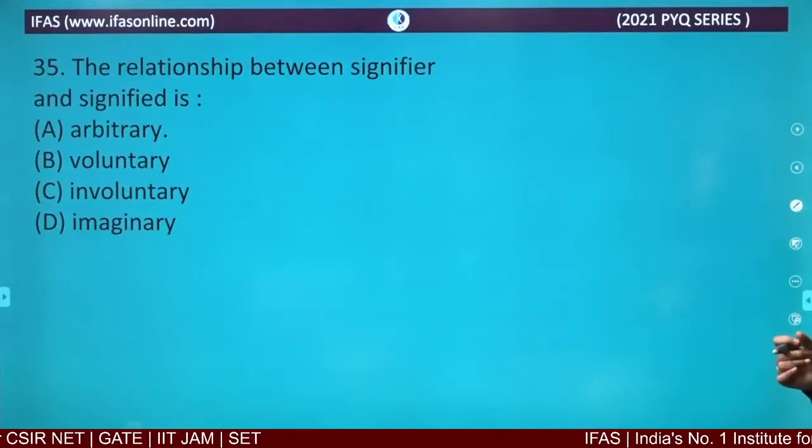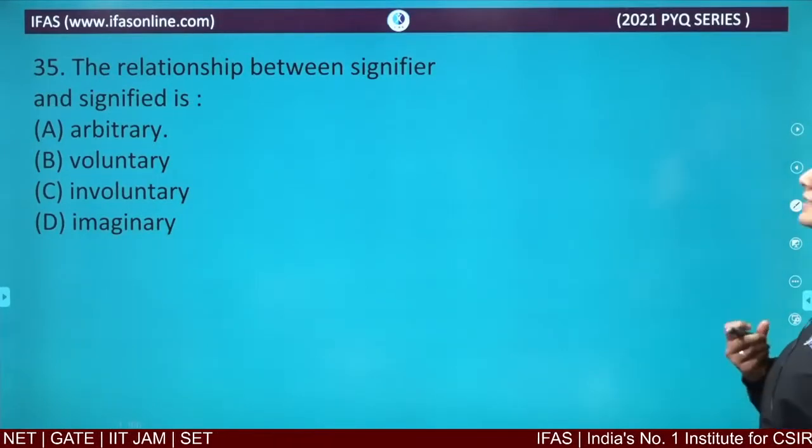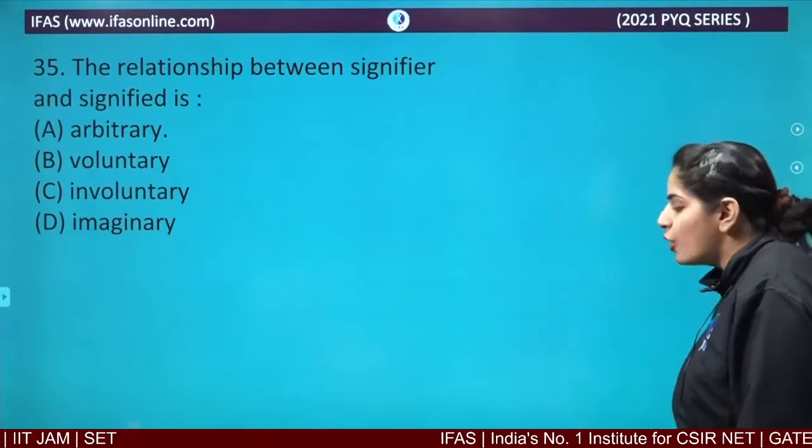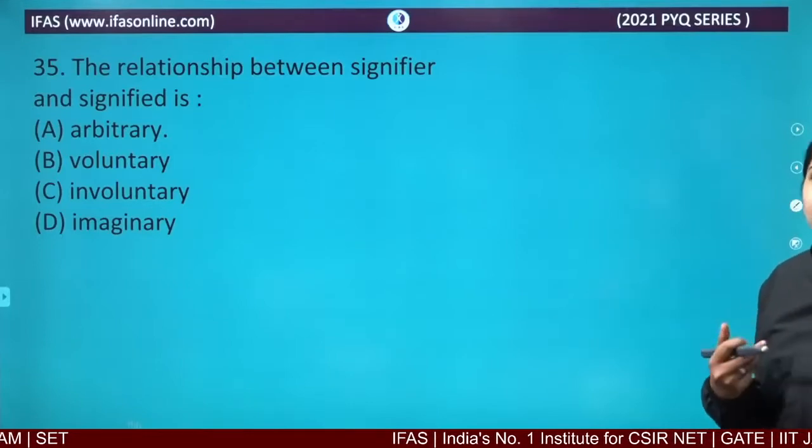The relationship between signifier and signified is... Now you all know what a signifier is and what a signified is.